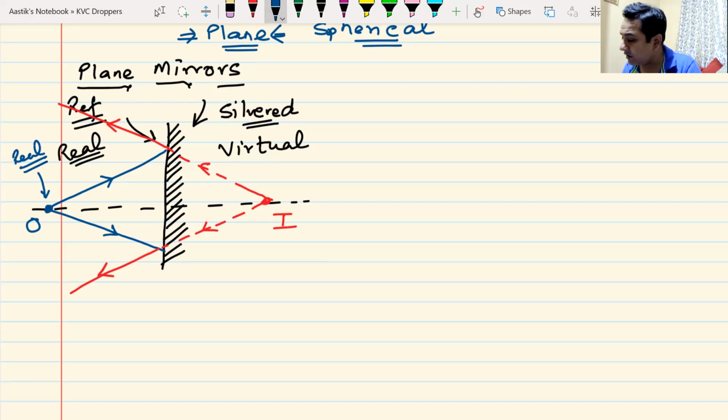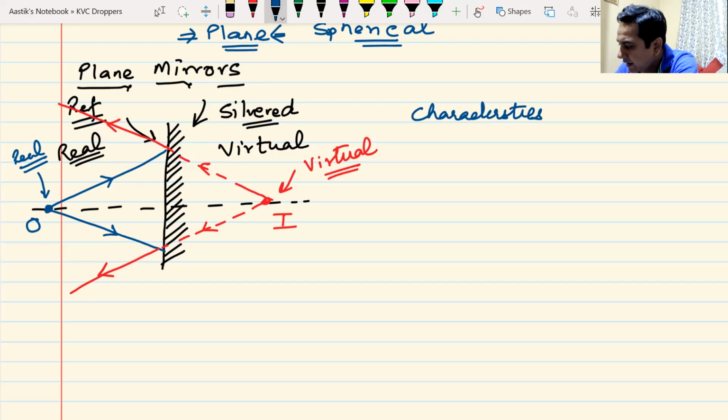This object is a real object. But we talk about the image. The image is virtual. This is the type of image you will always get from a plane mirror. So what does a plane mirror do? We call these the characteristics of images formed by a plane mirror.